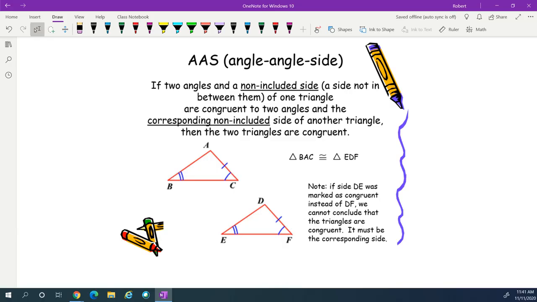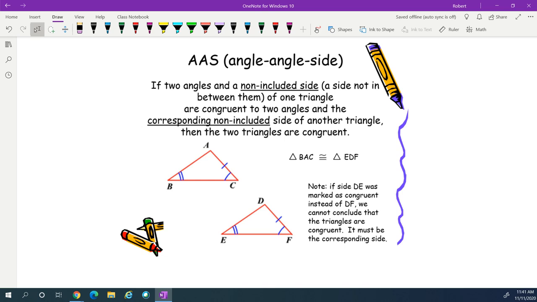Notice in these pictures, side 1 is coming out of angle 1, and we can call it going to angle 3, right? C is 1, B is marked 2, we'll call A angle 3. So we have 2 angles and the side going 1 to 3. We have to match that with 2 angles and the side going 1 to 3.